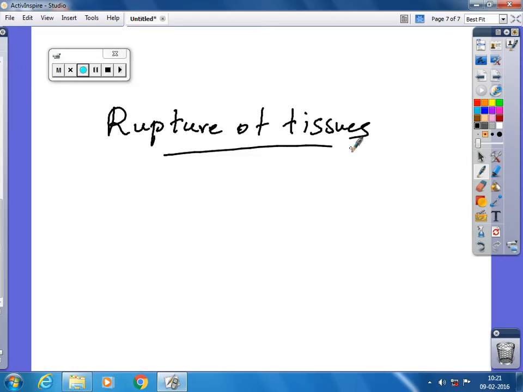Even the rupture of tissues is caused because of the permanent distortion. The same reason. What happens for warping? The same reason for distortion.